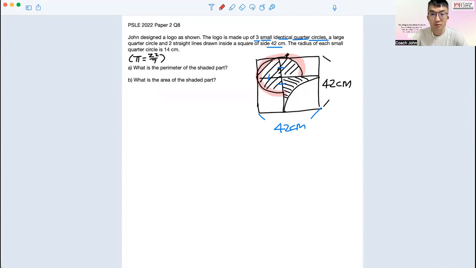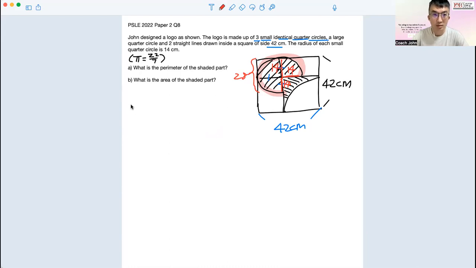And the radius of each small circle is actually given as 14 cm. So which also means that this part is 14, this part is 14, this part is 14. Okay, so total will be how much? 28. Okay, so anyway, let's do one step at a time.